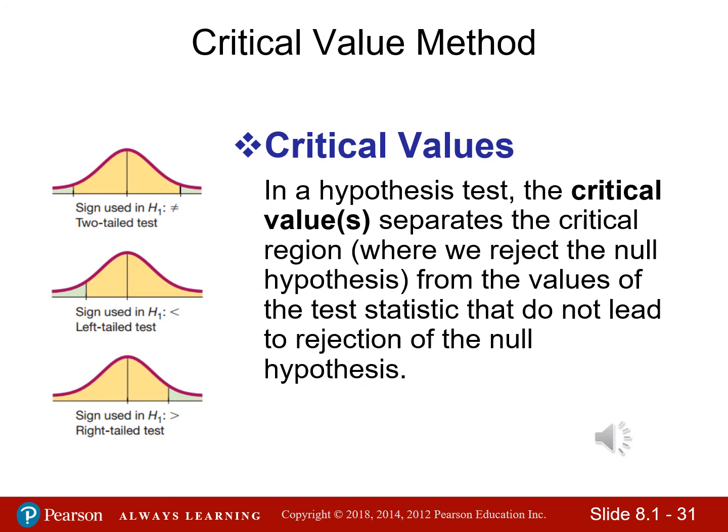In a hypothesis test, the critical value or critical values separate the critical region, where we reject the null hypothesis, from the values of the test statistic that do not lead to the rejection of the null hypothesis.